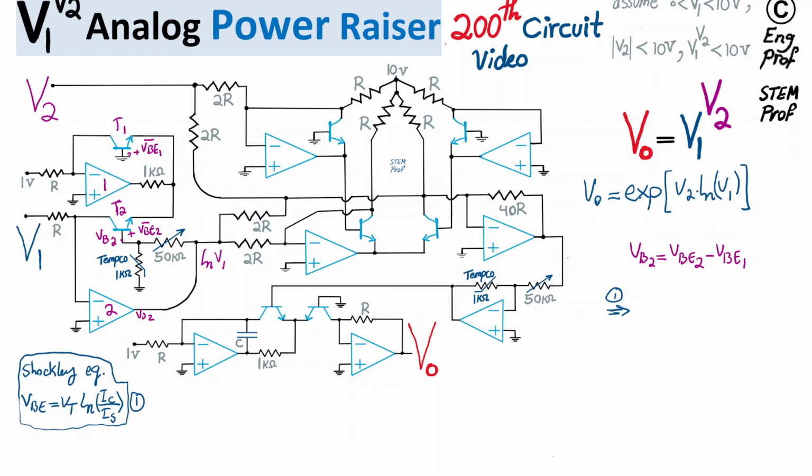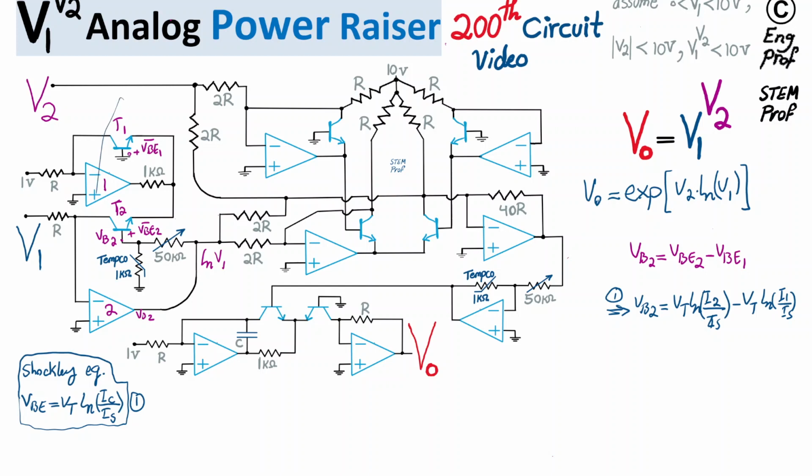Okay, good. So we have the voltage of base 2 is equal to VT natural log of the current of transistor 2 divided by the saturation current of transistor 2, and then minus the thermal voltage VT times ln I1 divided by the saturation current of transistor 1.